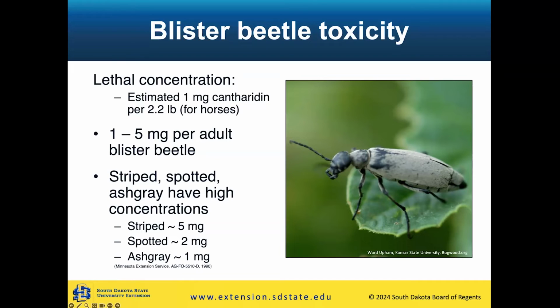The other species that we have here in the state are going to be less than 1 milligram per beetle. And in general, it seems like the males have a higher concentration of that cantharidin than the females do. The males are the same species, but just slightly smaller in size. The females will be a little bit bigger.